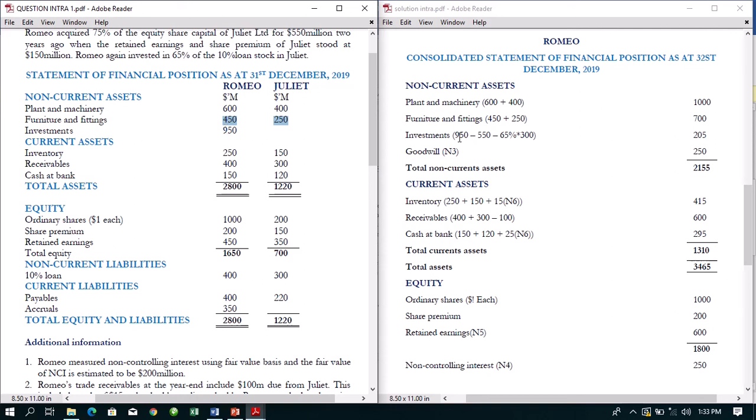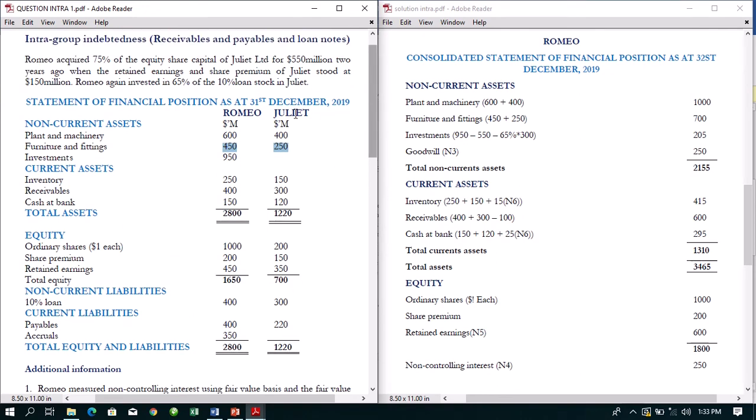Now, if I have 950 here, we are told at the beginning of this question that Romeo acquires 75% of the equity share capital of Juliet Limited for 550 million. So from the investment I will remove that 550 million. Now don't forget, they said something again. They said Romeo also invested in 65% of the 10% loan stock in Juliet.